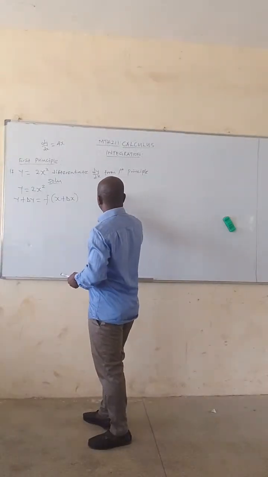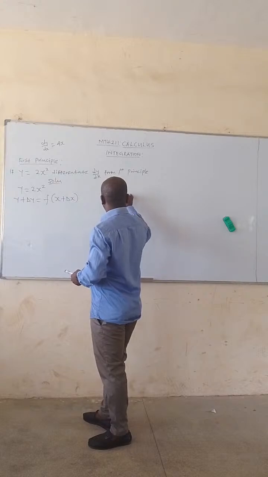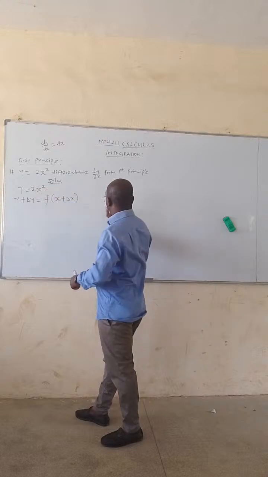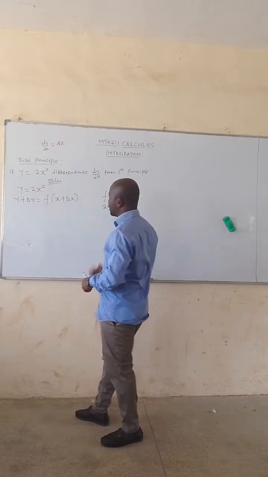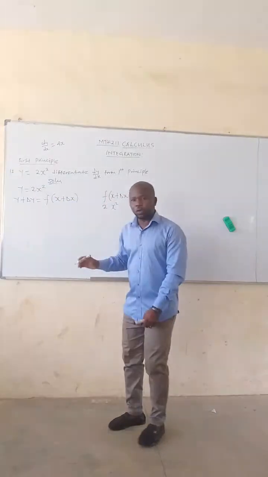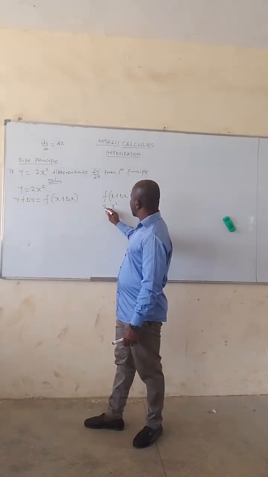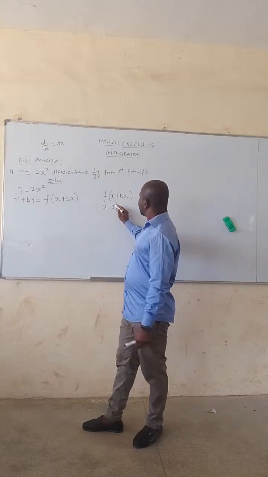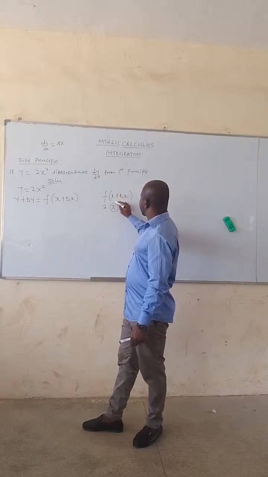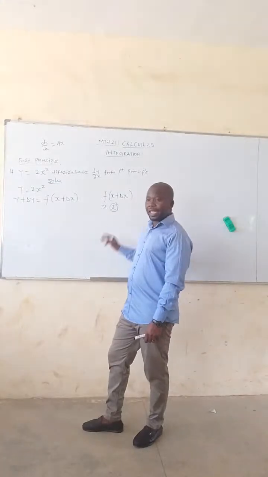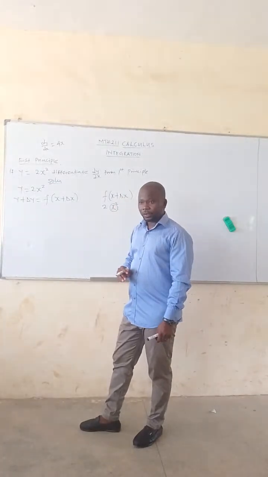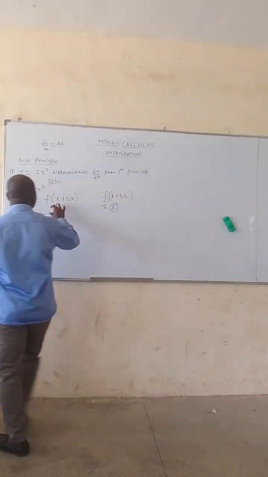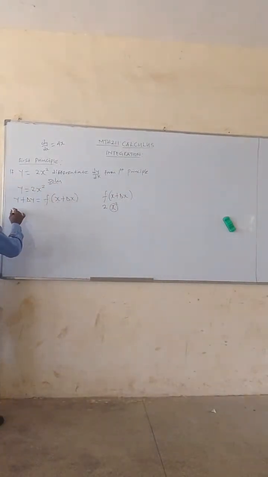We know that here we have f of x plus dx. Then here we have 2x squared. We have to compare it with this. It means your f here is 2, then this your x is this, but x is squared. Is that clear? So for this reason, you are going to write this in this form.